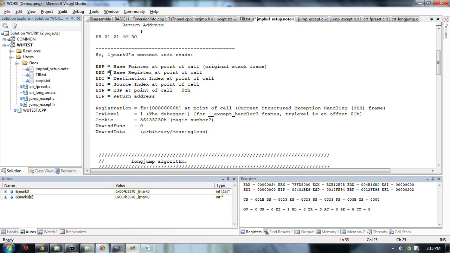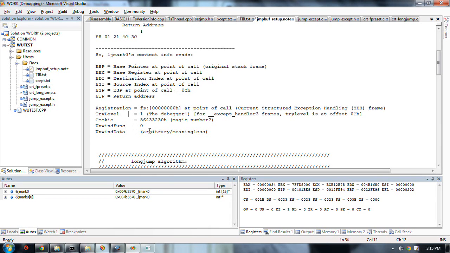Oh, I know what the reason is actually. Destination index and source index. We also have stored the stack pointer at the point of call minus 12. And we put that in this variable in our struct. And EIP is pointing at the return address, not at the point of call, but at the return address.